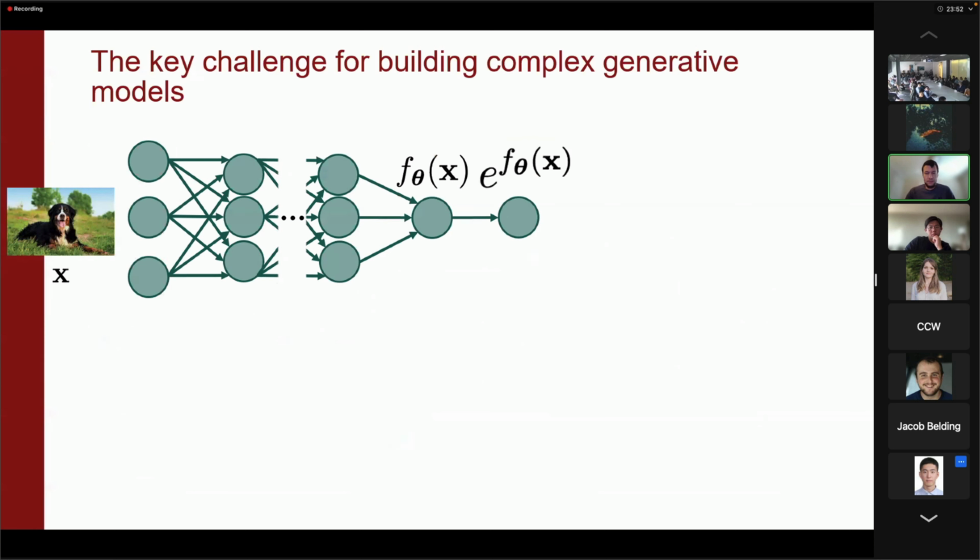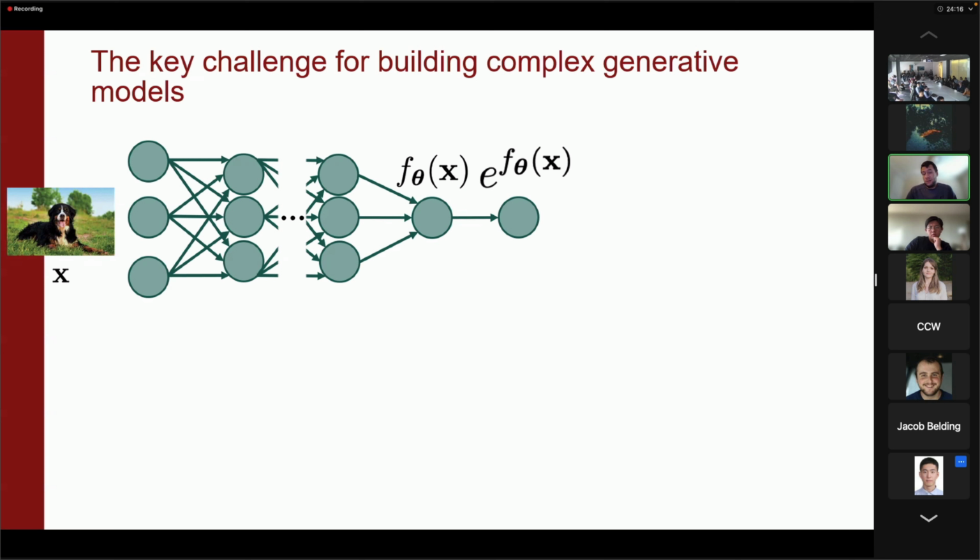You can just apply some non-linearity at the end. The more difficult constraint to satisfy is that it has to be normalized. If you integrate over all possible inputs, you have to get one. That's a much harder constraint to enforce. If you take an arbitrary neural network, it's not going to satisfy that constraint, and so you cannot think of it as a probability density function.